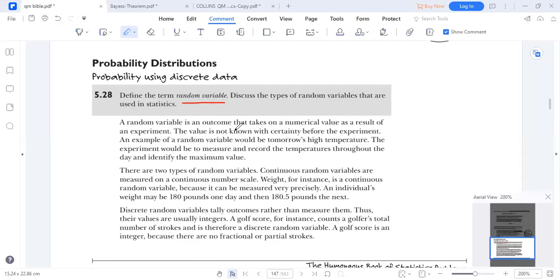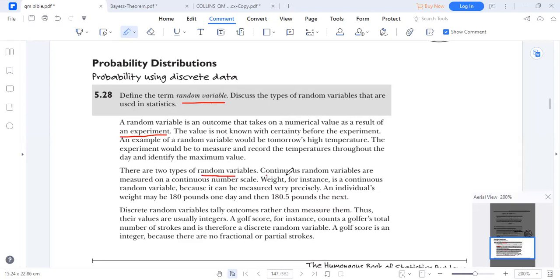All right. So if I were to just go to our slides, I said, what is a random variable? It is an outcome that takes a numerical value as a result of an experiment. So questions in the papers will combine both the theoretical part and the calculations, so don't lose marks on these ones. There are two types of random variables.